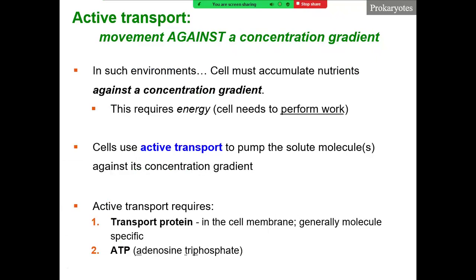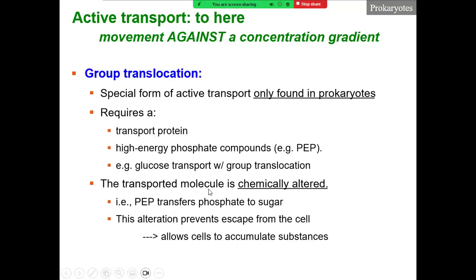Usually that's into the cell, but if you have a toxin inside the cell and you want to transport it outside, and the toxin is higher outside the cell, you can use an active transport protein to move the molecule out of the cell. But for most of the molecules we're going to talk about, the molecules the cell will want, glucose, fructose, galactose, amino acids, there is an active transport protein which moves it into the cell. Anyways, that's the only way a eukaryote cell can move it into the cell.